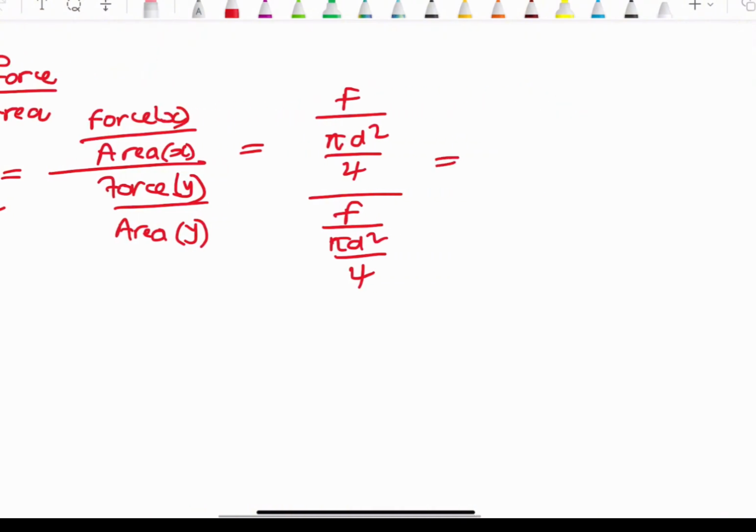So basically this is going to be 4F over pi d squared for X, multiplied by pi dy squared over 4F for Y.